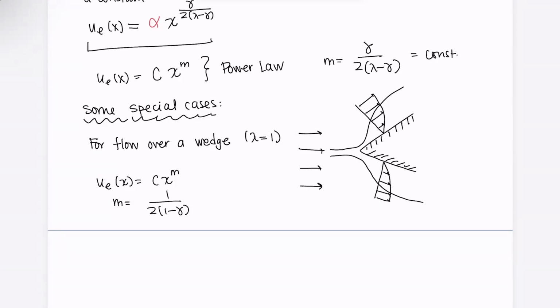Oh, sorry. Okay, so the notes say that this can be rewritten as gamma over 2 minus gamma, but I don't see how. Does anybody see a way in which that's possible?